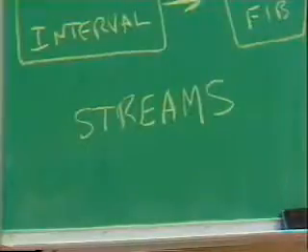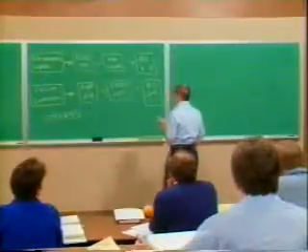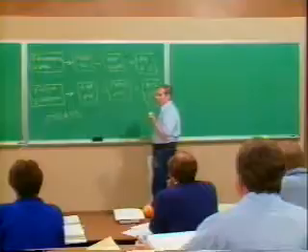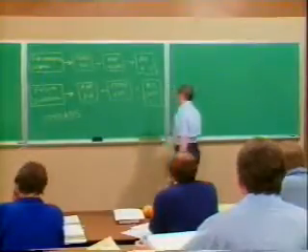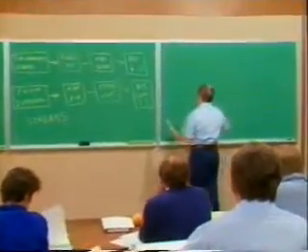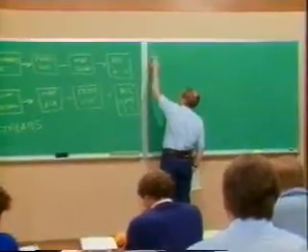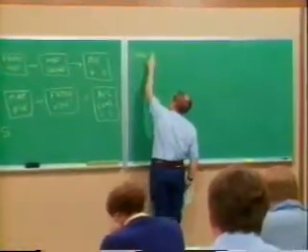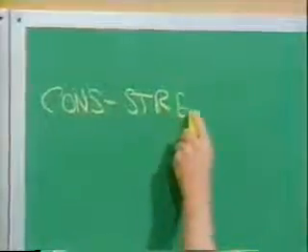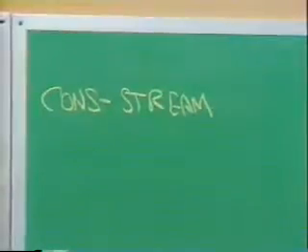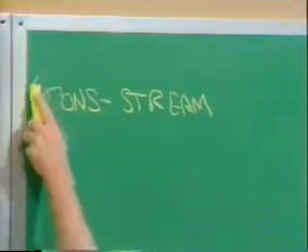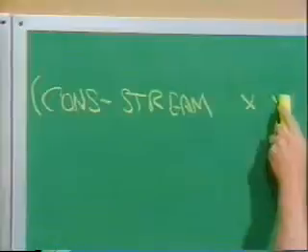What's a stream? Well, a stream is, like anything else, a data abstraction. So I should tell you what its selectors and constructors are. Well, for a stream, we're going to have one constructor that's called constStream. ConstStream is going to put two things together to form a thing called a stream.